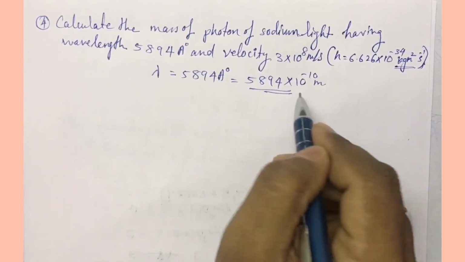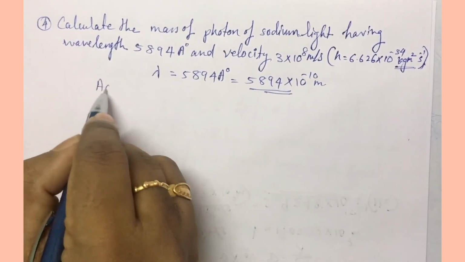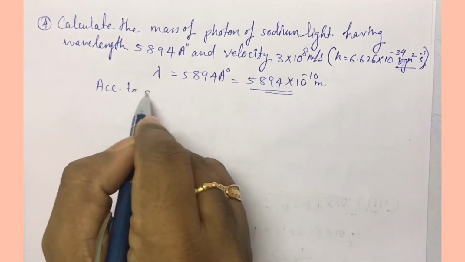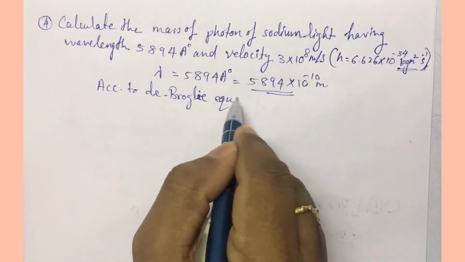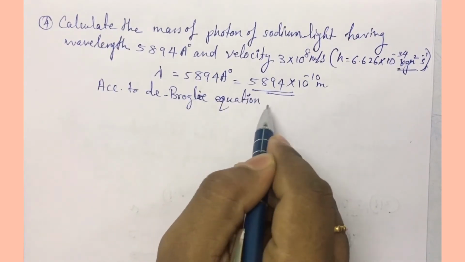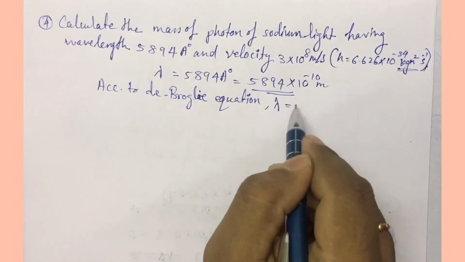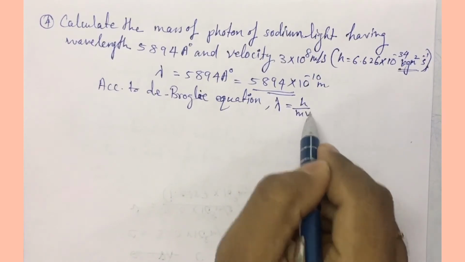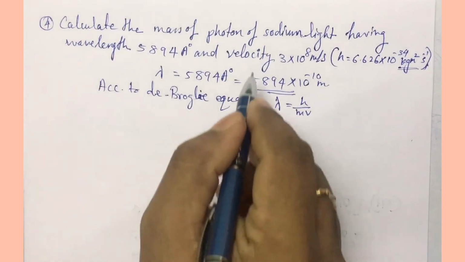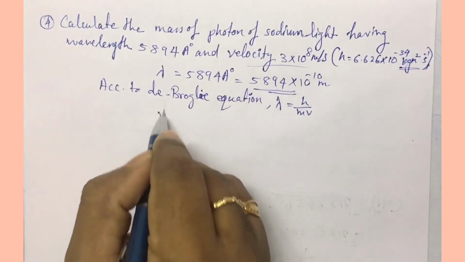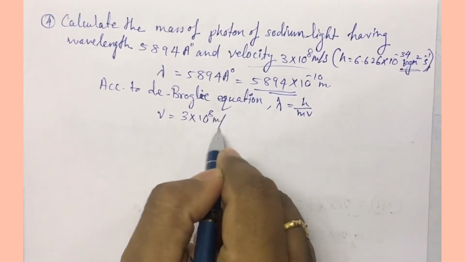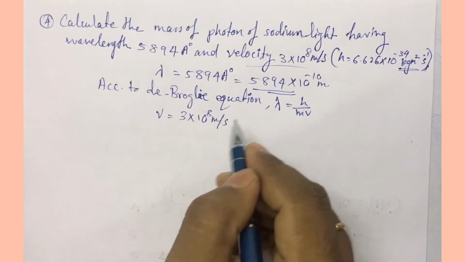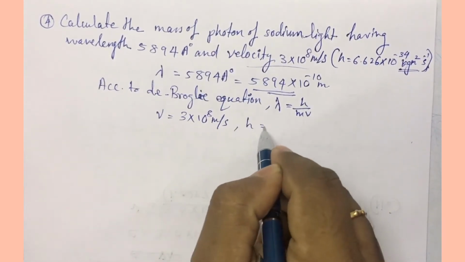Now, according to the de Broglie equation, lambda is equal to h by mv. We know that velocity is given as v is equal to 3 into 10 raised to 8 meter per second. And h is already given, Planck's constant.